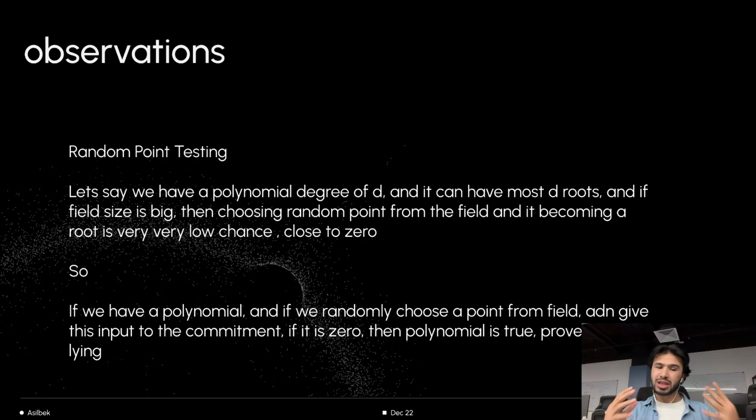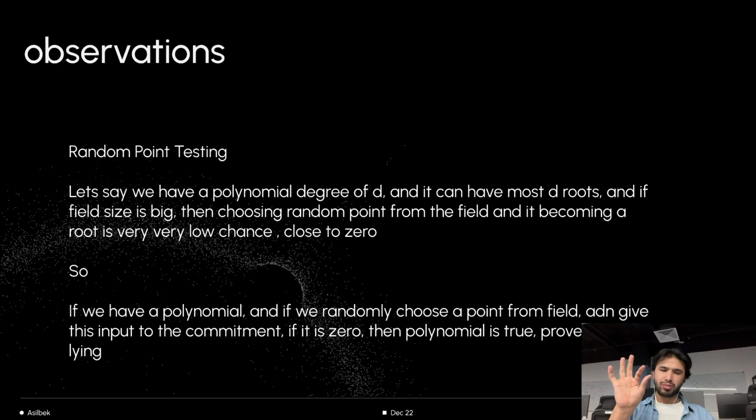So what it means is, if we have a polynomial and we randomly choose a point from the field, give this input to the polynomial as a commitment and say, hey, check this point out, and if the result from the polynomial is 0, then we can be sure that this polynomial is actually true.